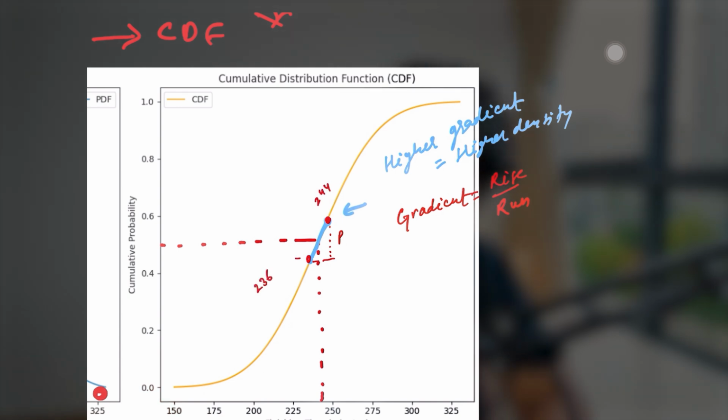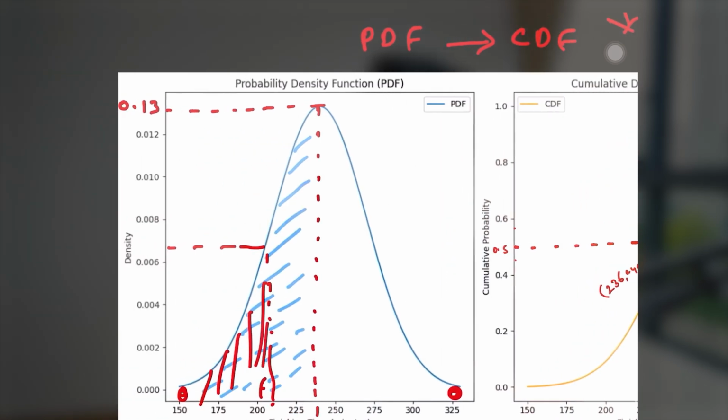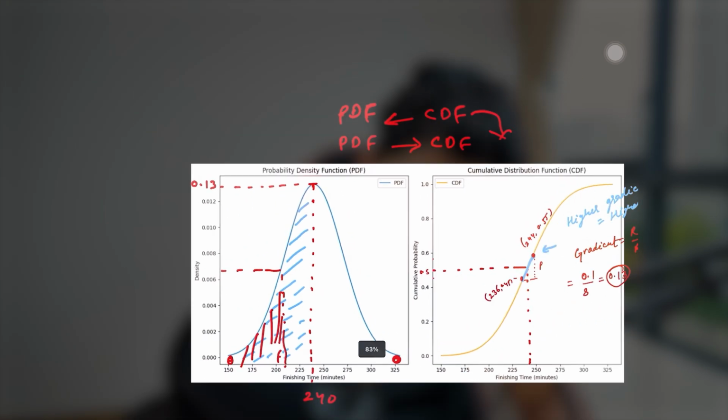Similarly, on the y-axis this is 0.5, so the points will be 0.45 and 0.55, approximately. When I find the rise over the run, it will be 0.1 upon 8, approximately, which equals 0.13. And we know that the maximum density is around 0.13.